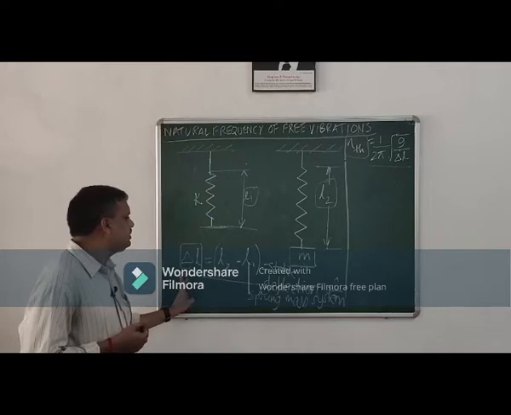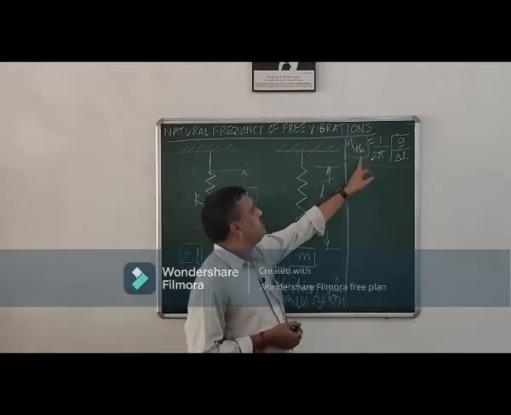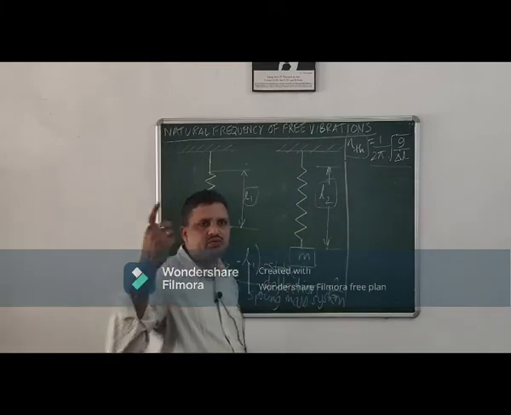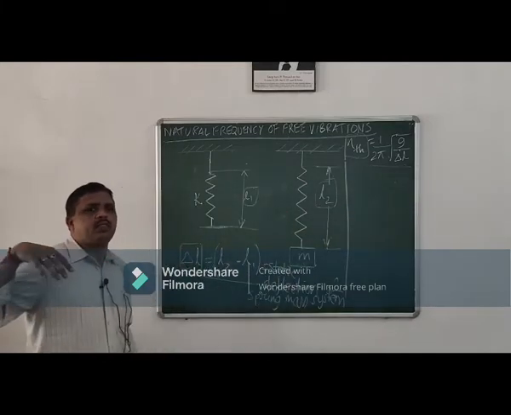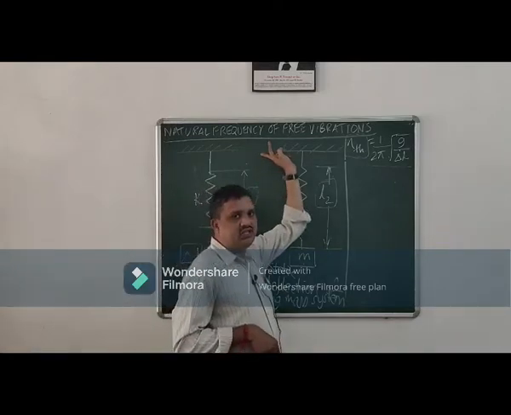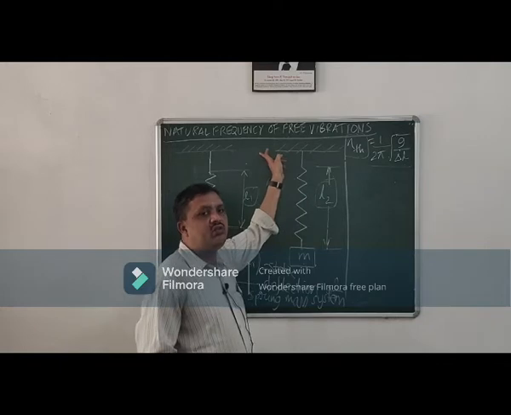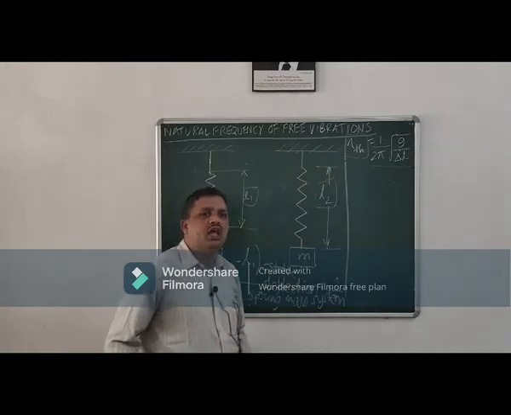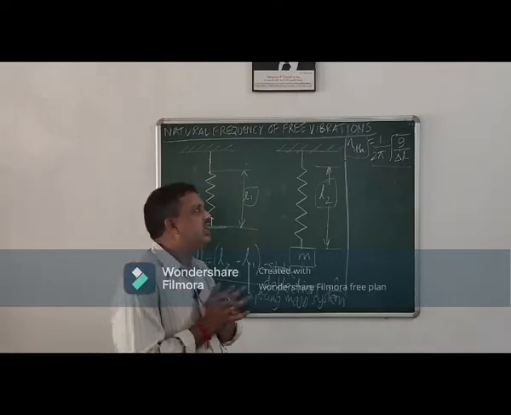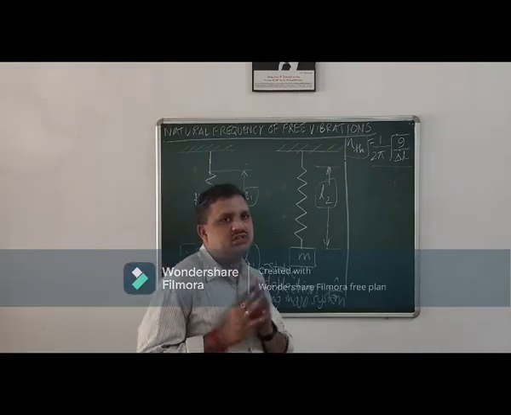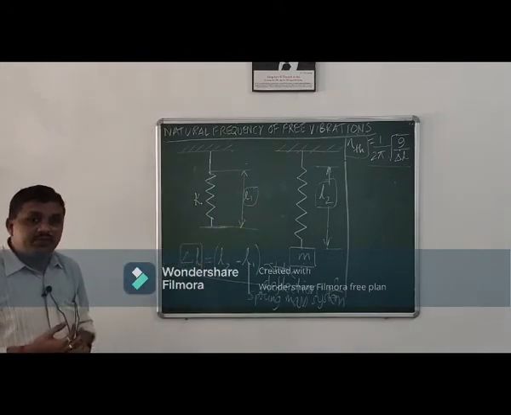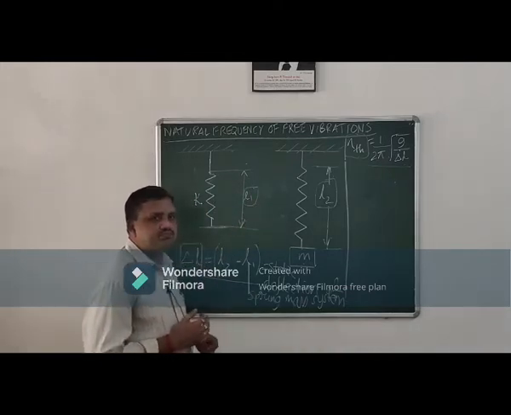Once we calculate the theoretical natural frequency of these free vibrations, by experiment we will demonstrate how to calculate the experimental natural frequency of free vibrations, and we will appreciate the fact that there is a correlation between the theoretical and experimental natural frequency of this spring mass system.